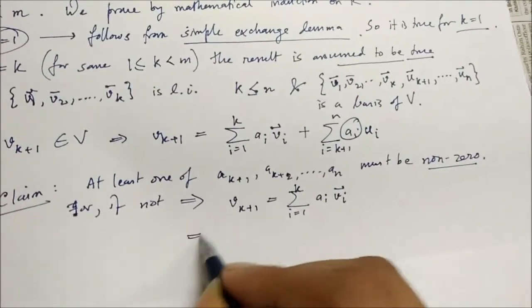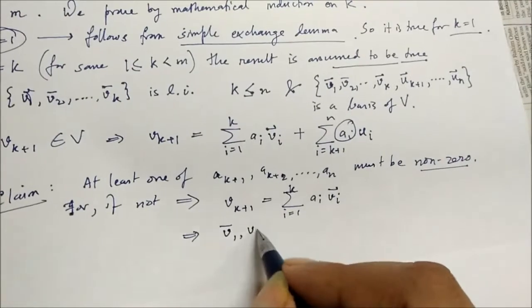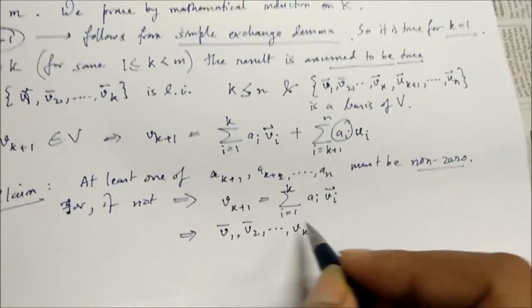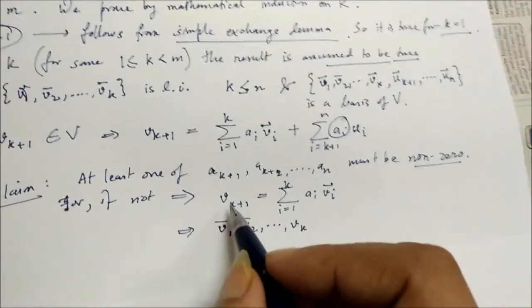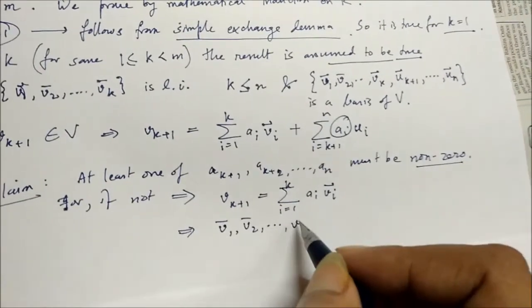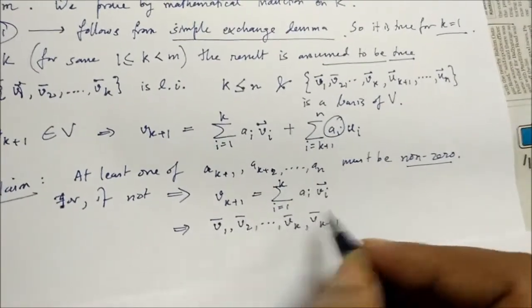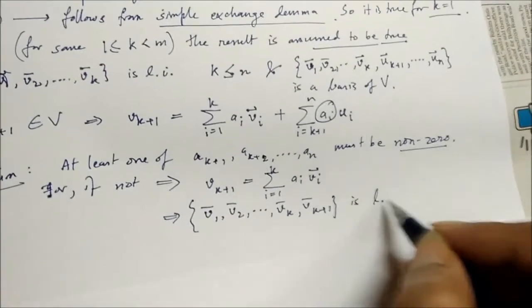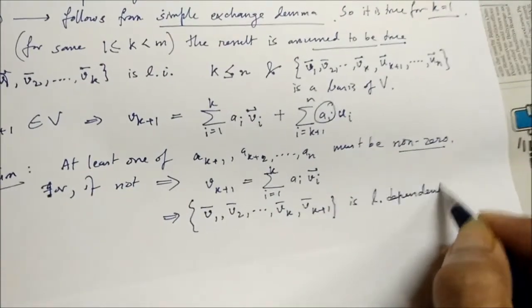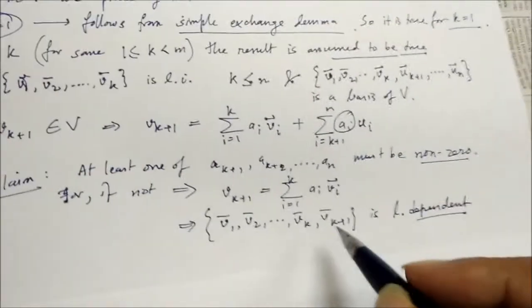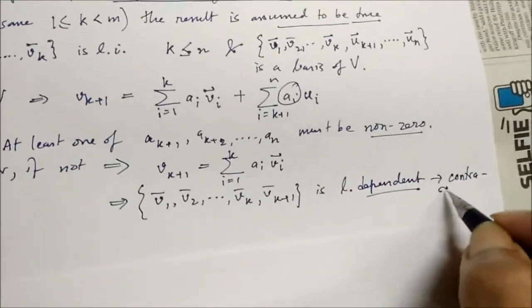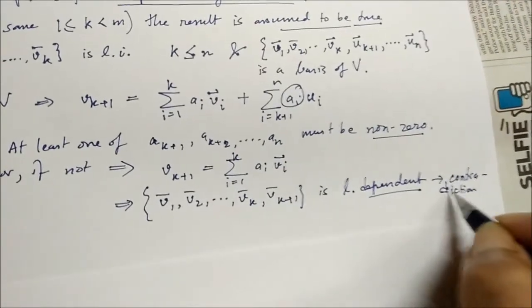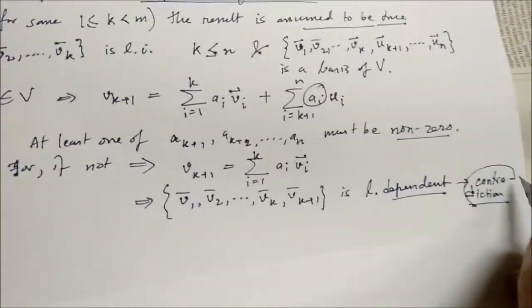That would mean the set with vk plus 1 is linearly dependent, which is a contradiction, as these are linearly independent.